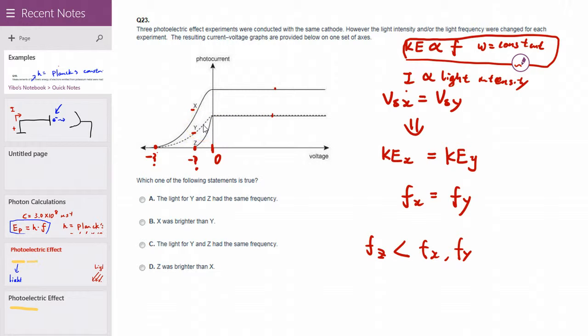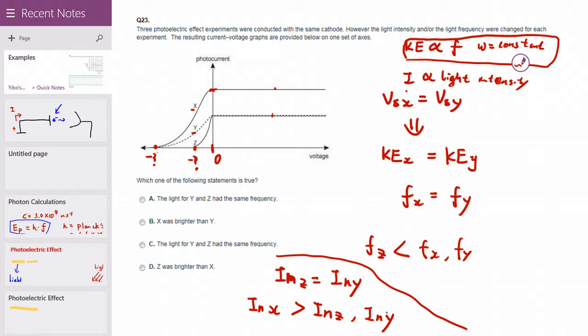So the intensity, I write down IN for intensity this time, the intensity of Z must be the same as the intensity of Y. And X has a much higher current. So the intensity of X must be greater than the intensity of Z and the intensity of Y. Okay, so that's my conclusion reading from the graph.